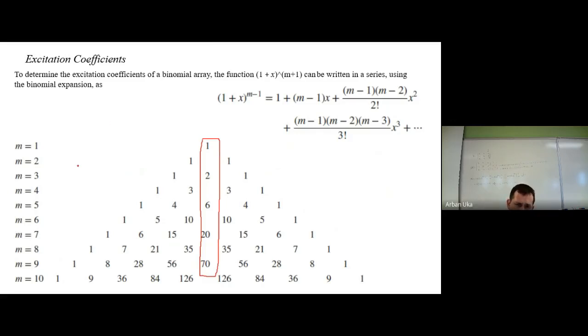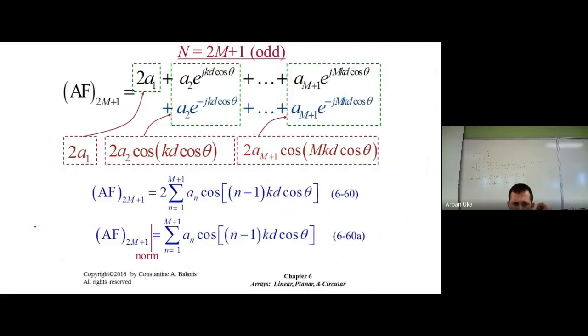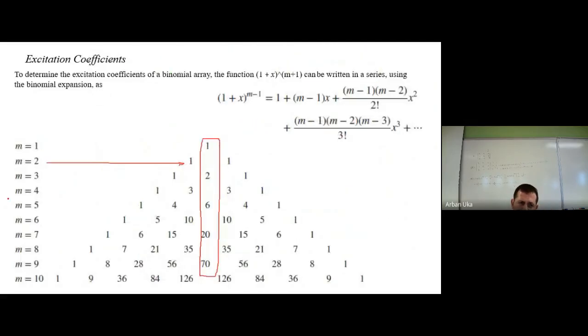For example, if we have two elements for an antenna, then we have to determine only one element, only one A1. The number of n is always going to be half of the number of antenna elements. So two antenna elements means one coefficient.